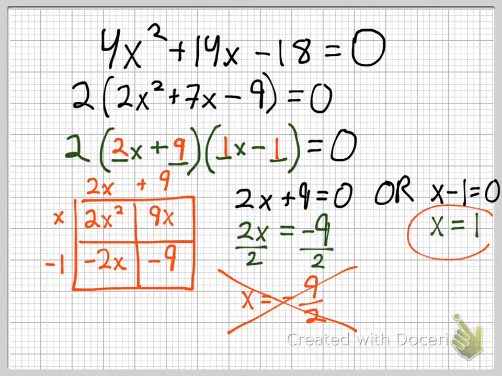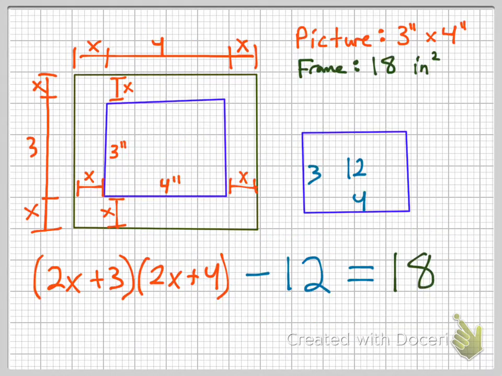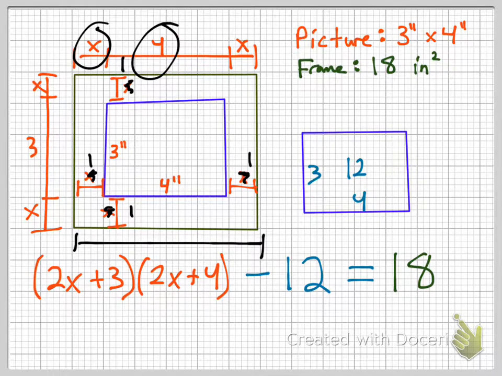Now what that means is that our border has a thickness of 1. Let me write down, so let's change these. Instead of x, that's 1. And we can actually check this. So our whole big frame from here to here is going to be 1 plus 4 plus 1.